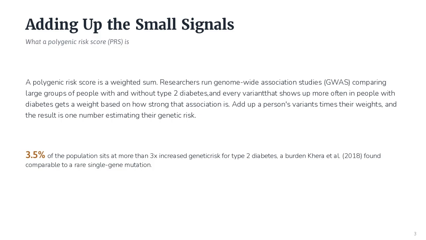Add up a person's variants times their weights, and you get a single number estimating their genetic risk. Kara and colleagues used this exact approach in 2018 and found that 3.5% of the population sits at more than 3 times increased genetic risk for type 2 diabetes, a burden comparable to carrying a rare single gene mutation.